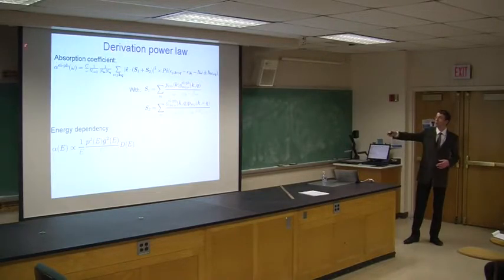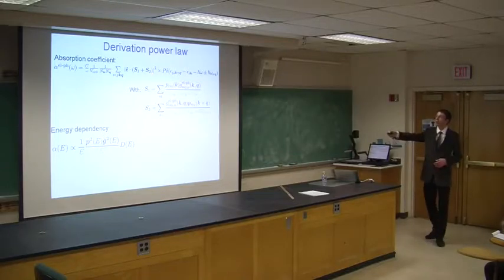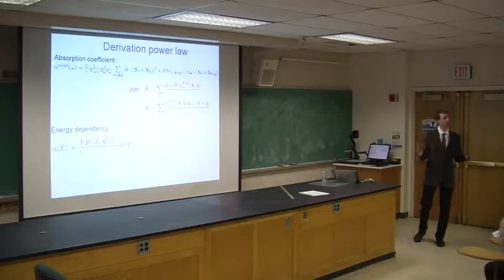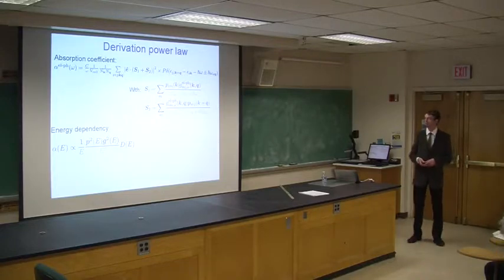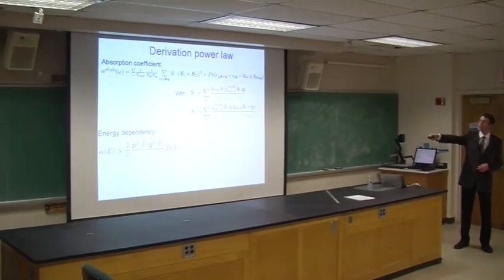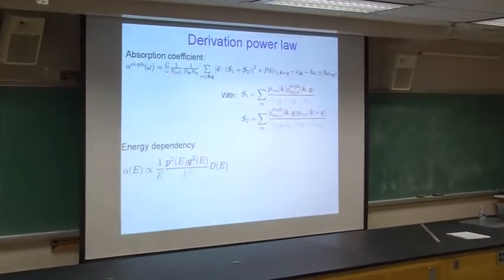So this is, again, the full formulation where the S1 and S2 are given by this. But just to make things simpler to follow, I will just look at the energy dependence of the different terms in this expression. We have that the absorption coefficient is proportional to 1 over omega. So that's our first energy dependence.